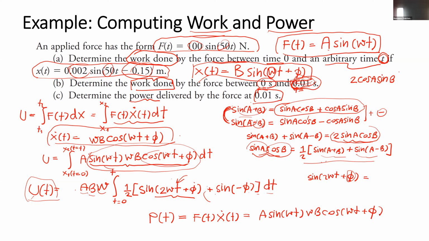So if you want to know when t equal to 0.01 second, you can find the value of the mechanical power at that point in time.